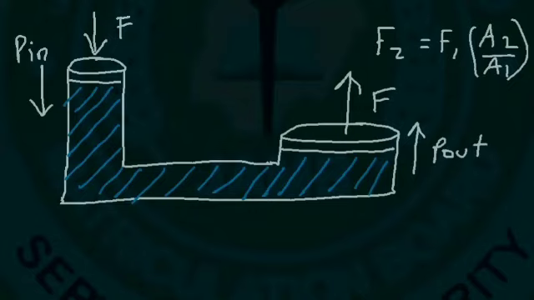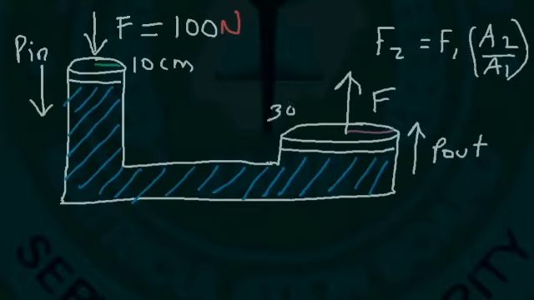Now let's apply an input force of 100 newtons. And let's say that the radius of that cylinder is 10 centimeters. And let's say the radius of this cylinder is 30 centimeters.